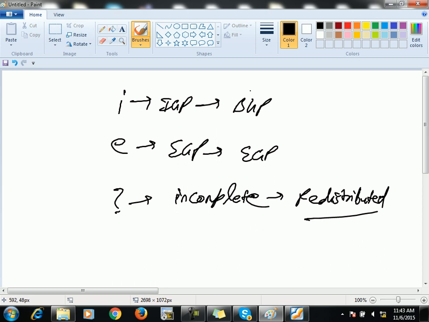Remember that if you advertise anything using the network command in BGP, its default origin code will be I. Here do not think that IGP means an actual IGP.